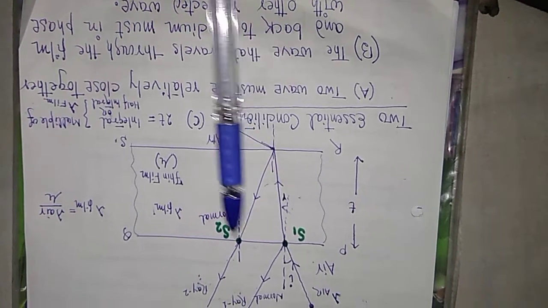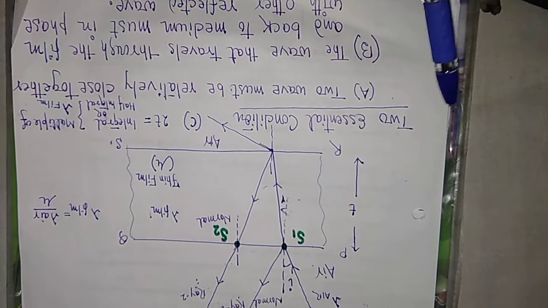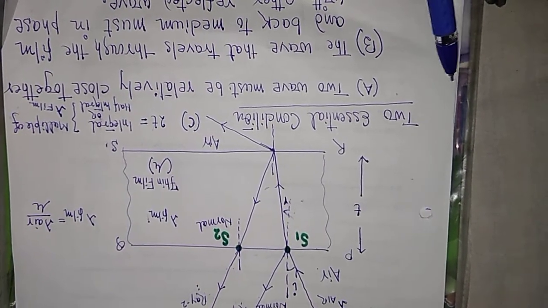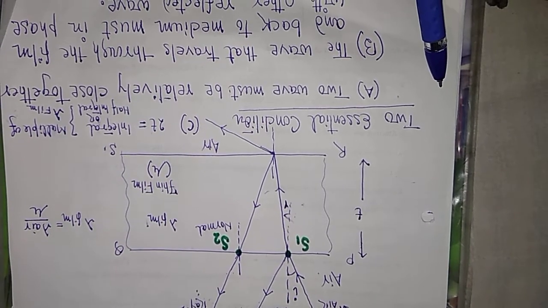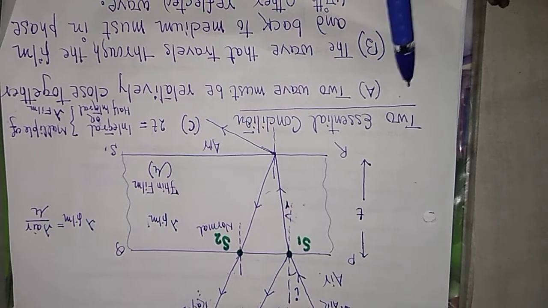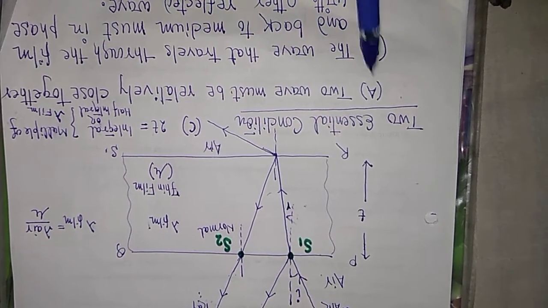Ray 1 and ray 2, these two waves, must be relatively close together. If they are far from each other, then there is a possibility of not crossing the crest and trough of the two wave fronts, and in this way the interference pattern will not be obtained.